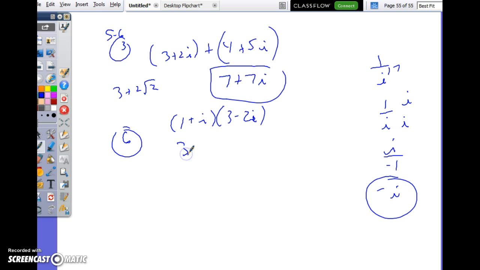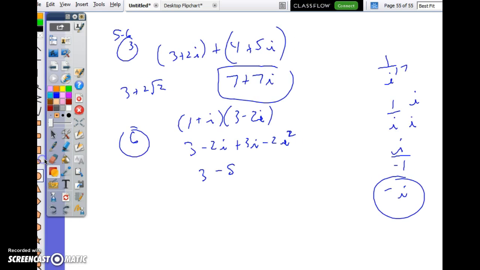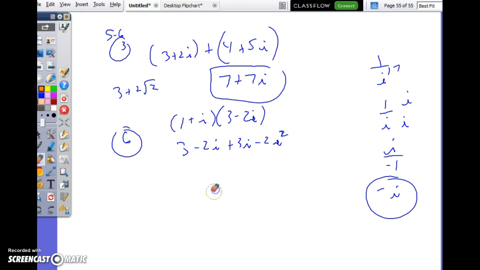So I go 3, first, outers, inners, lasts, and I get 3 plus i minus 2i squared. Am I done? No, new rule. You cannot have a power on the i. You must resolve that because we know how to resolve that.